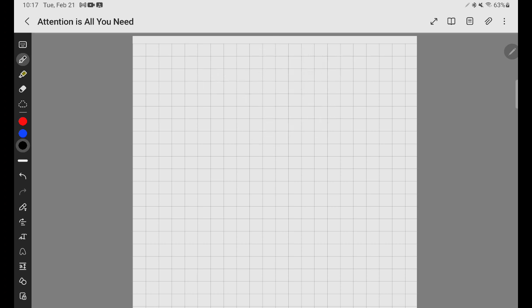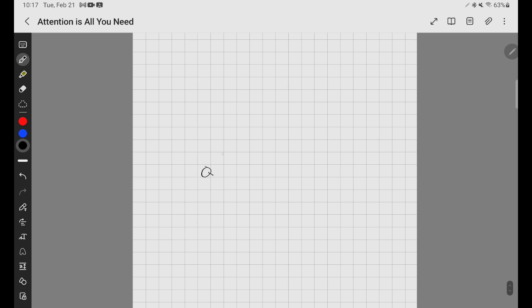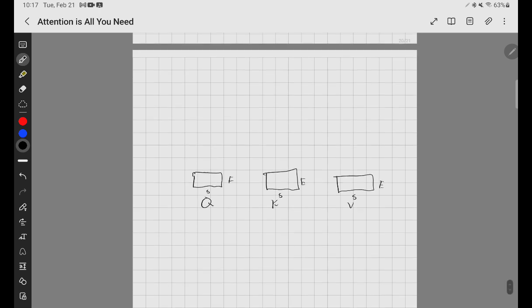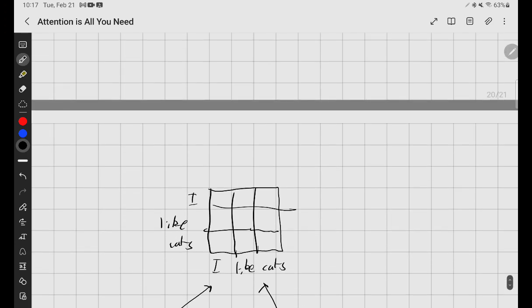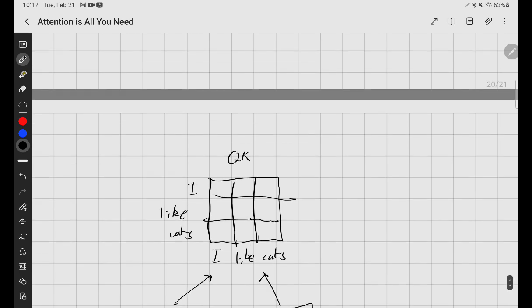So remember the query matrix, which is of shape S by E, the key matrix, which is of shape S by E, and the value matrix, which is also of shape S by E. I'm going to keep it as a 3x3 matrix with the I like cats example. The queries and the keys compute the query-key matrix, which is the similarity matrix.